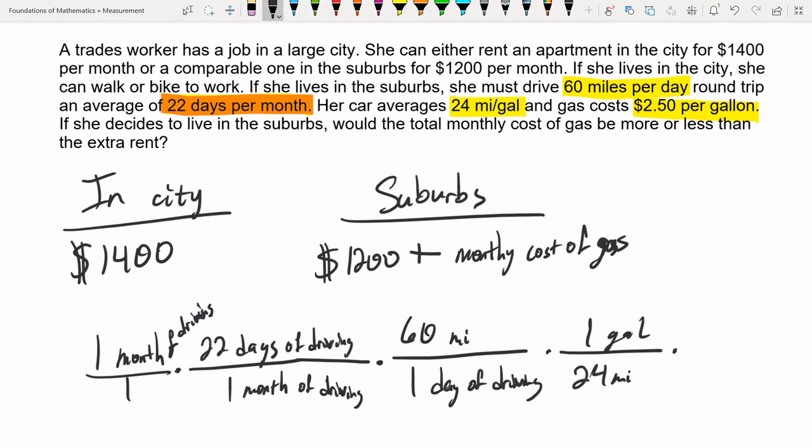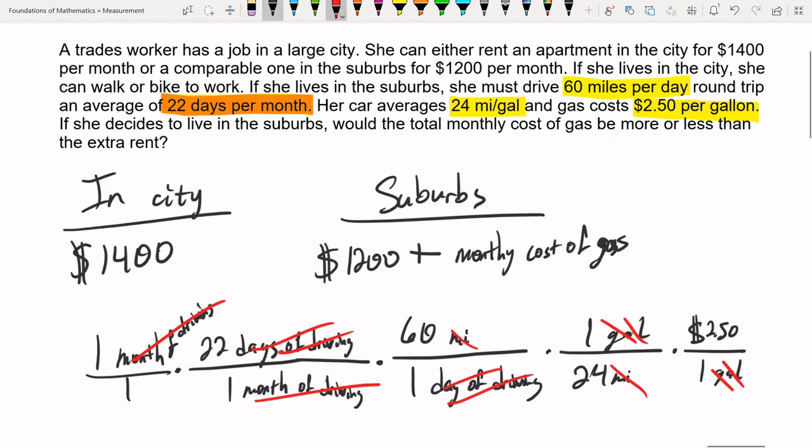Okay, now we can multiply by the $2.50 per 1 gallon. And what you'll see here is that we have month of driving, days of driving, miles, gallons, and the only unit we're left with is dollars on the top. That means that all of this multiplication, if we do it, is going to give us the monthly cost of gas.